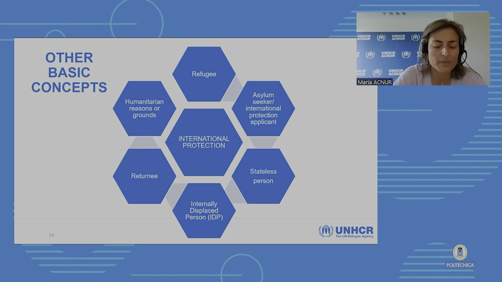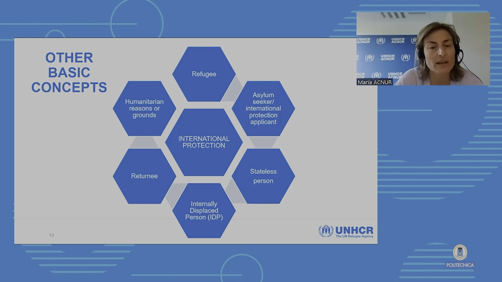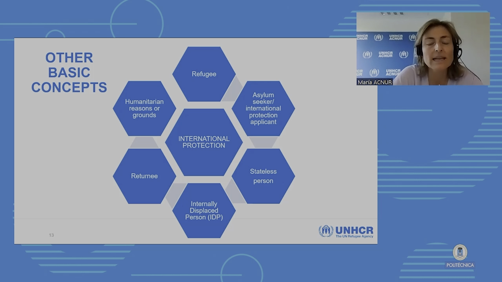And now the Spanish authorities are granting, in the majority of cases, humanitarian status to the Venezuelan population, because it's understood that Venezuelans cannot return to Venezuela due to the humanitarian situation, which does not mean that among the Venezuelans in Spain there are not people that are recognized as refugees, because they do fulfill the refugee definition. In the case of Spain, this status, we will talk about it later, provides some more limited rights than the refugee status.